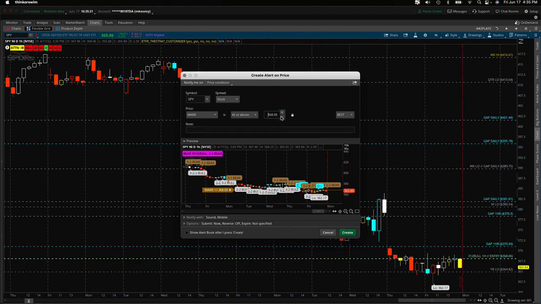I want to get it a little earlier. So let's say 367.95. I think that's pretty cool. That gives us about 10 cents to get into position. So let's say 312 bull, 1 hour at 368.06.